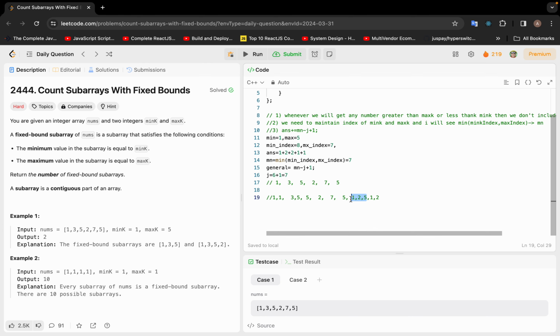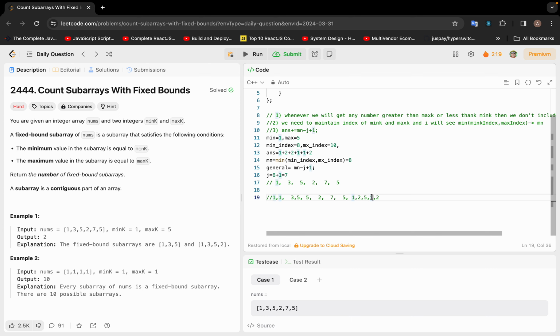So this 5 is equal to the max value, so I will include this in my answer, which now equals 10, right? And the 1's position is at 8, so the minimum value becomes 8, right? And now 8 minus 7 plus 1 is equal to 2. So 2 can be the answer, and you can see this one subarray, and this can be the 2 subarray.